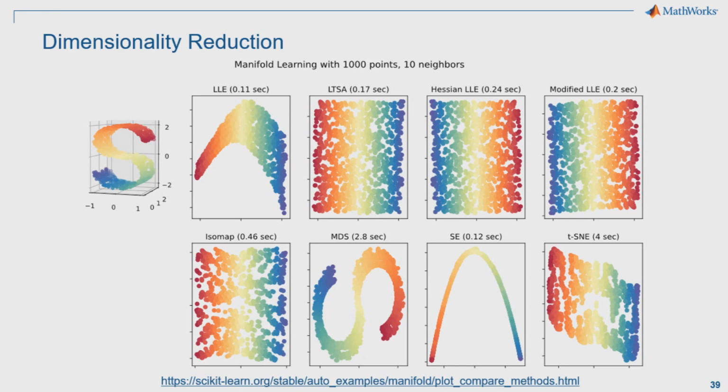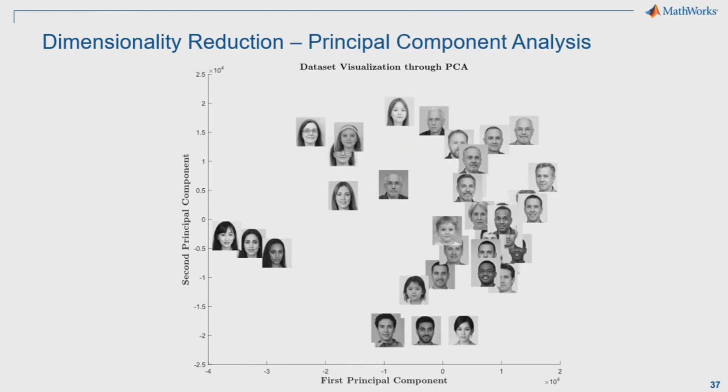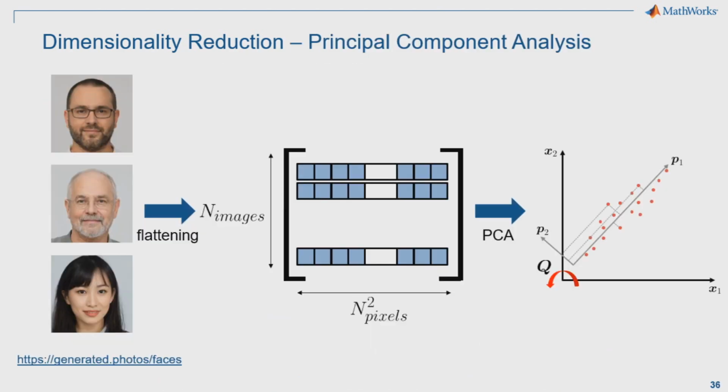PCA with an unbalanced dataset, first of all, tends to reason with the lower of the two: the number of observations and the number of dimensions that you have for each data. I will try to explain this better. I go back here. In this case, we have n images, which in my case is smaller than the number of pixels that we have for each image.